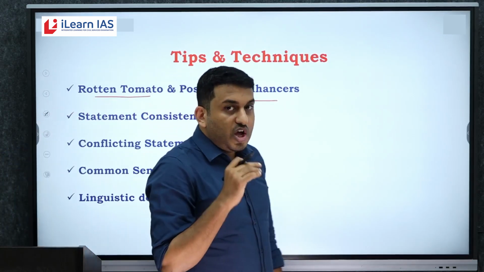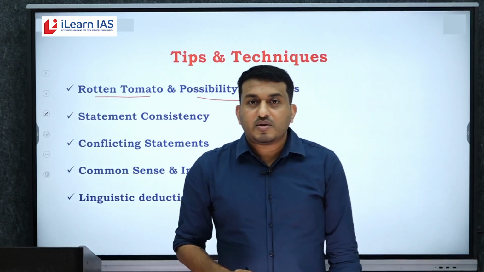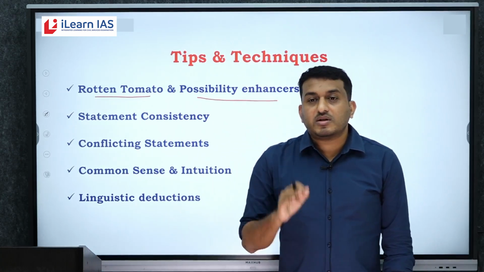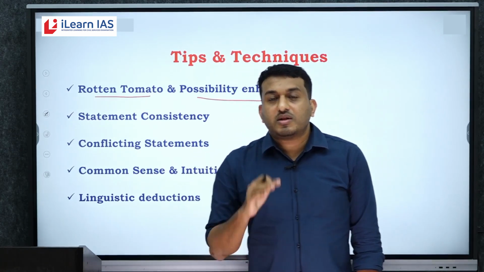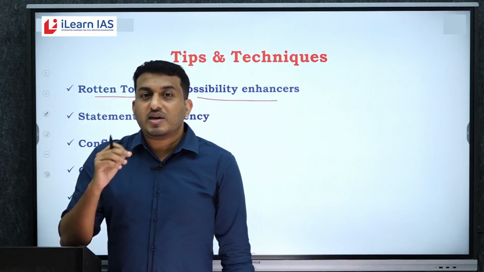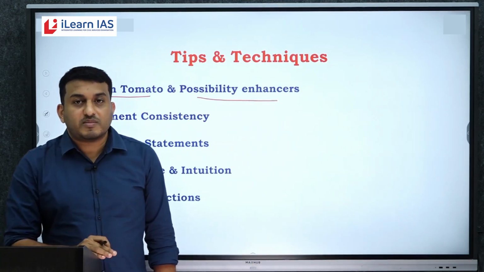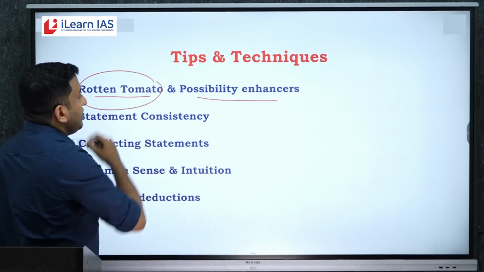That means to avoid controversies, the examiner will make sure that that particular statement is wrong in all aspects. In order to make sure a statement is completely wrong, the examiner will use certain keywords, certain extreme words. Such words are called rotten tomato.